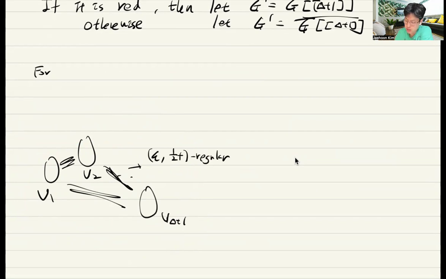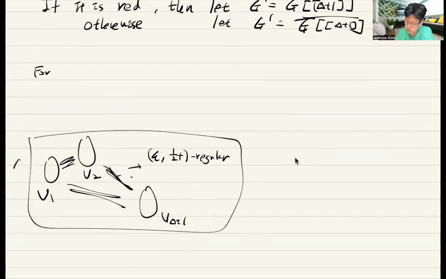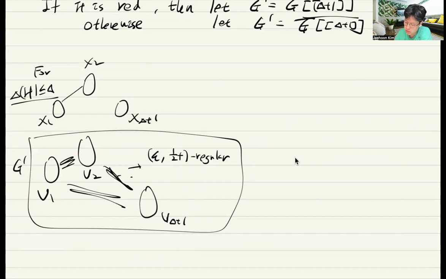And what we know is that this is G prime. It's either red monochromatic or blue monochromatic. But H has maximum degree delta. That means it has a delta plus 1 proper coloring. So this is delta plus 1 partite. You can partition them into x1, x2, up to x delta plus 1 so that the edges are between them.